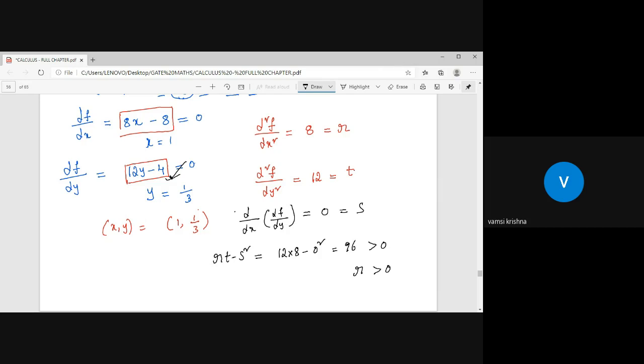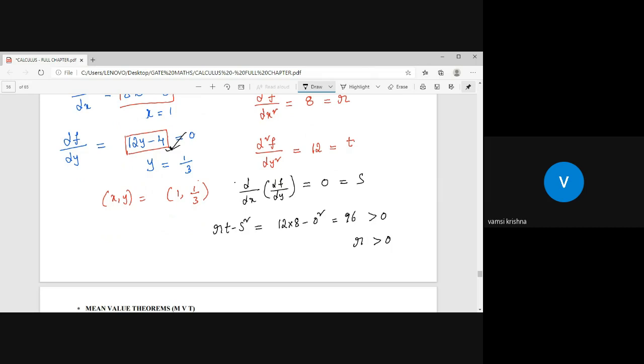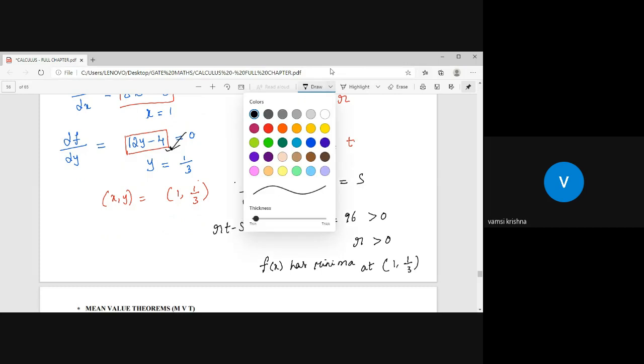Then your conclusion is the given function has minima. Both are positive, so it has minima at the given point x comma y, at the given point 1 comma 1 by 3.